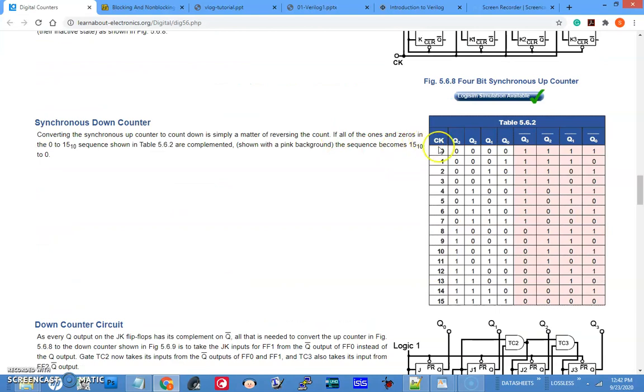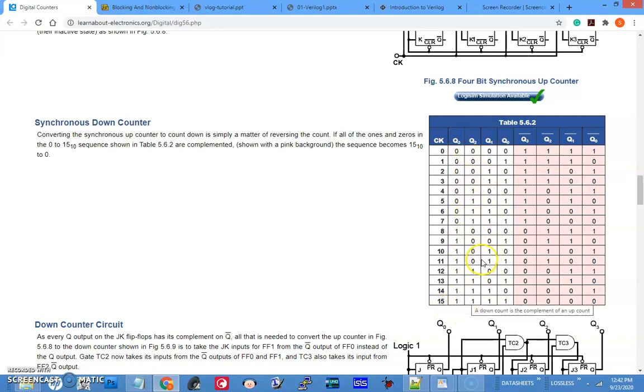Initially, no clock cycle is applied, all flip-flops are in the reset state, and they all give you 0. In the next clock cycle, Q0 becomes 1. Next clock cycle, this 1, 0. Likewise we can go up to 1, 1, 1. This is how a counter actually works.